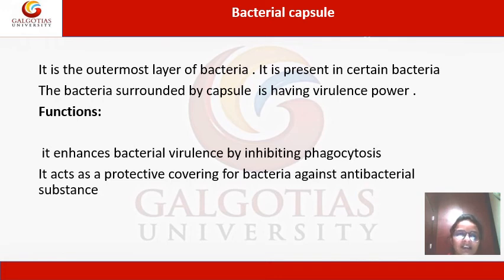So what is the function of the capsule? It acts as a protective covering for the bacteria against antibacterial substances. The substances we use to kill that type of bacteria will take more time to kill them, because the capsule acts as a protective covering. That's why these bacteria have more virulence power.